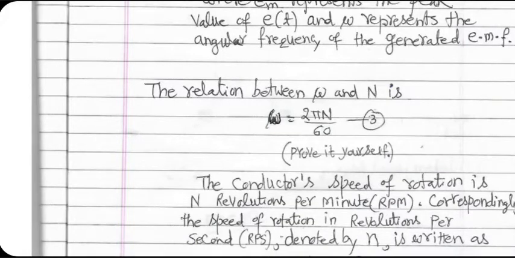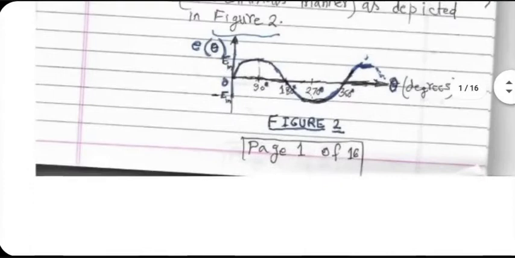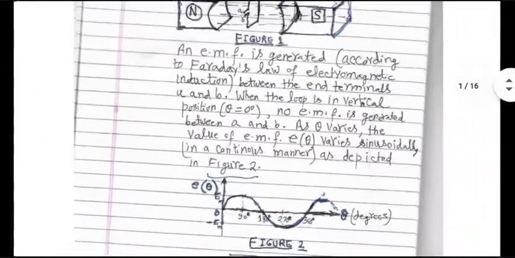As simple as that. If you have 1 revolution per second, that means you have 60 revolutions per minute. You will get omega equal to 2 pi radians, and f will be simply 1 cycle per second. Each rotation generates 1 full cycle. That is the starting point in this entire discussion.